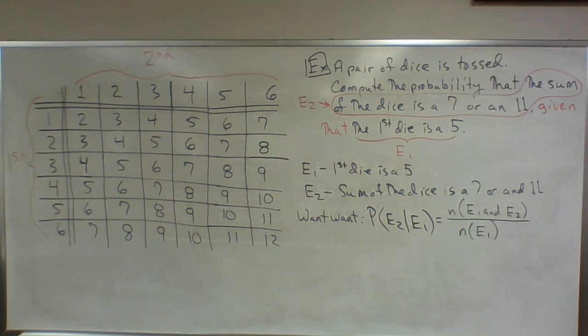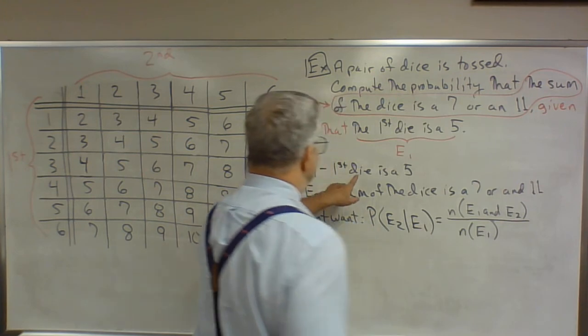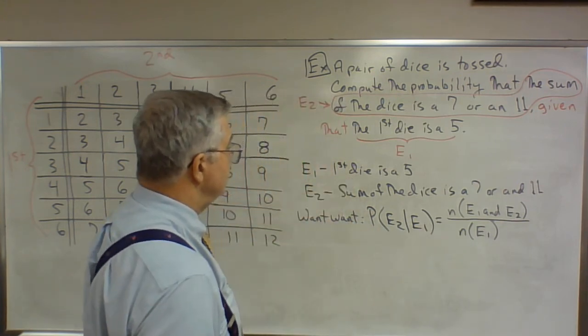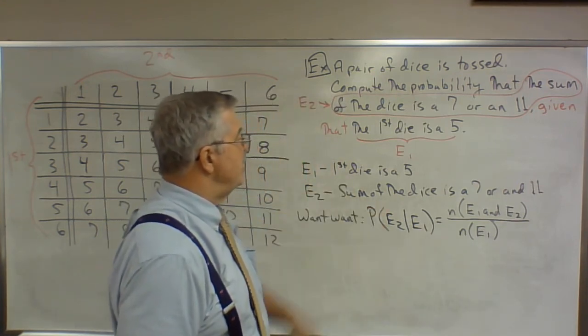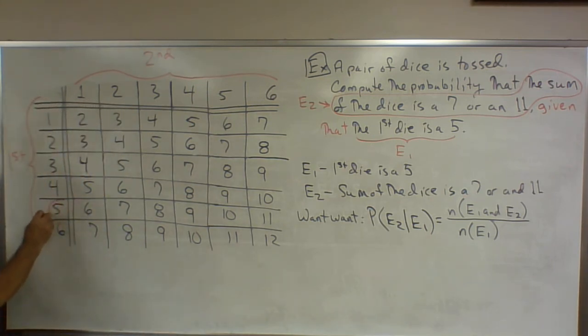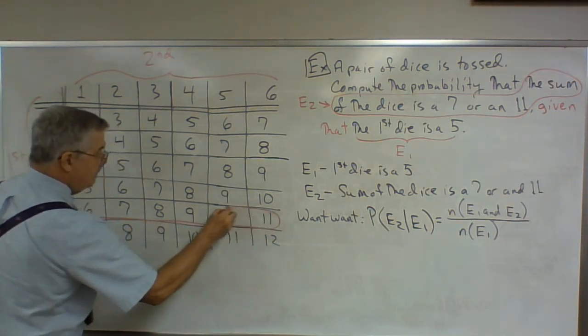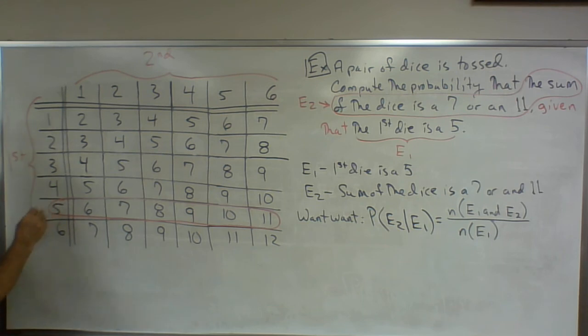Okay, number of outcomes resulting in E1 and E2: first die is a 5, and the sum is a 7 or an 11. This row is the set of outcomes in which the first die is a 5.